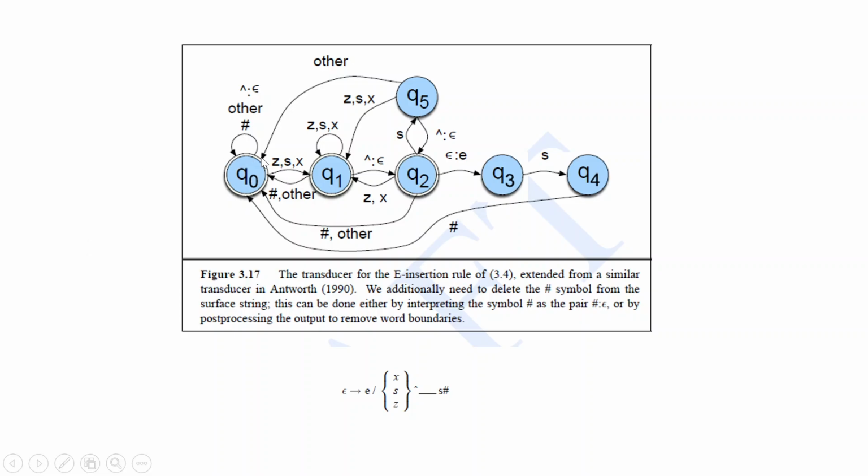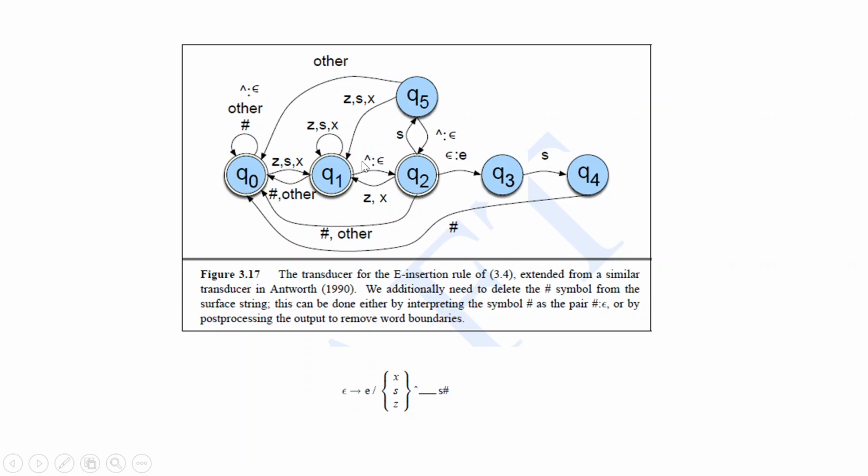Now, say we come across FOX, right? F and O are simply output. When you come across X, you transition to this state. Okay, FOX. Now after FOX, what do we have? It is the end of a morpheme, right?